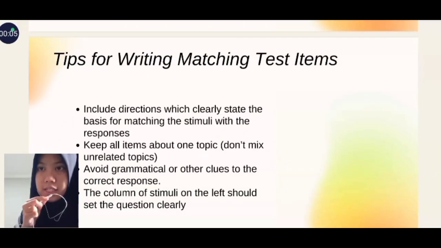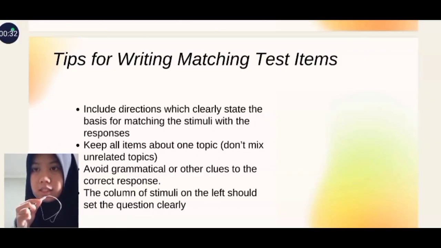And the last is tips for writing matching test items. The first one is to include directions which clearly state the basis for matching the stimuli with the responses, and then tell the students whether a response may be used more than once. The second is to keep all items about one topic.